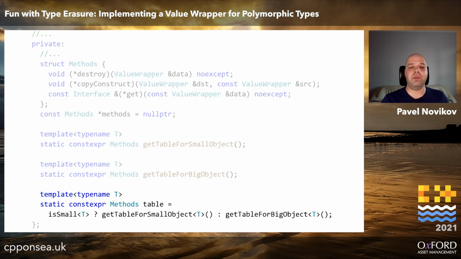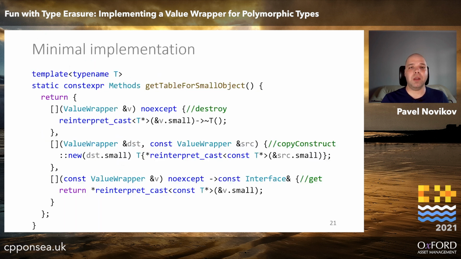And we have a static variable template, which, depending on the type, stores the function table for small or big objects. Okay, let's examine how these functions are implemented.